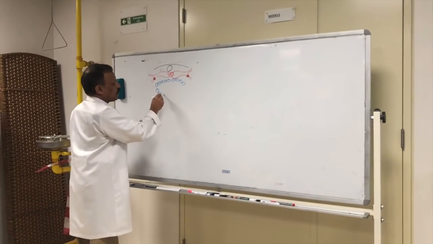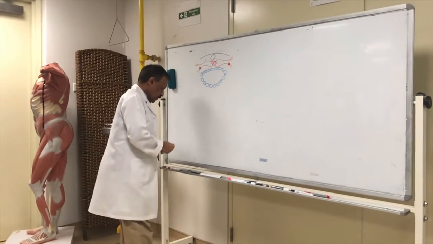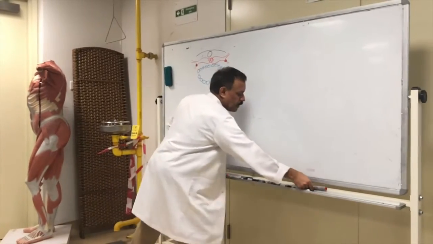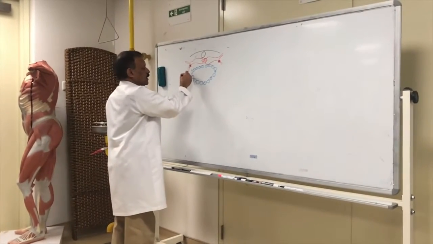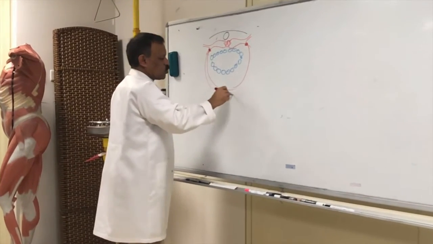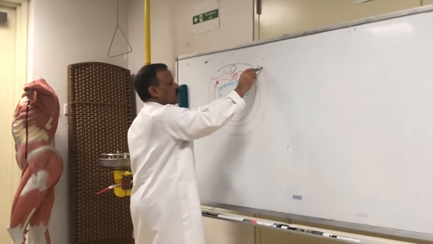Embryo is folding, so it becomes a tube now. The whole body is a tube, and this thing is coming over here. This is the splanchnic part we are talking, and the somatic remains outside.